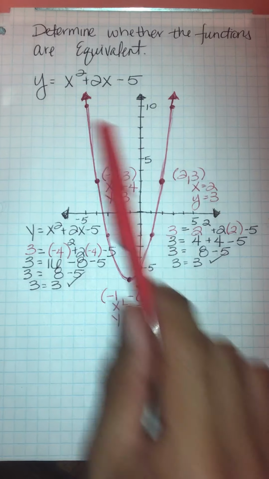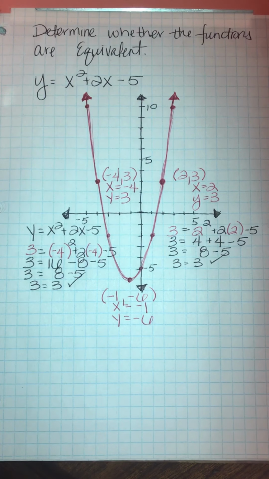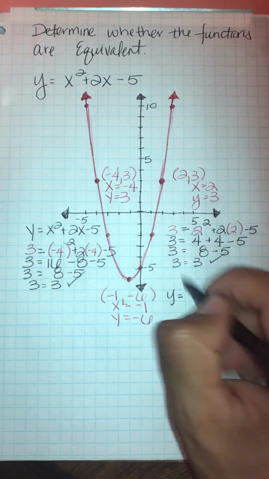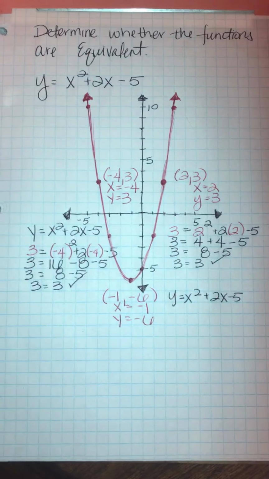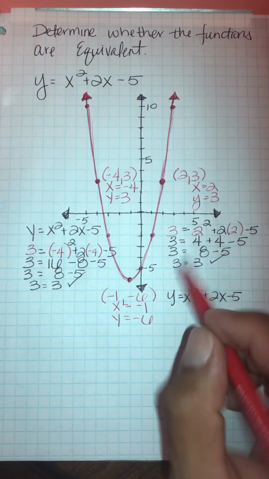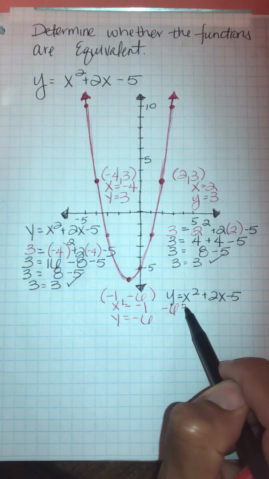We plug that back into our original equation. Again, instead of y, here's our original equation: y equals x squared plus 2x minus 5. Instead of y, I plug in -6. Our equal symbol.